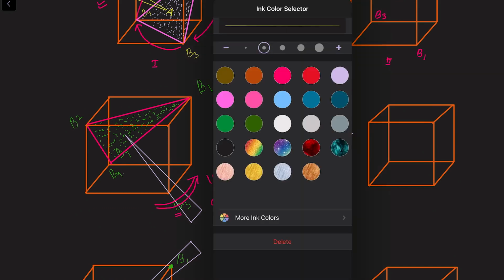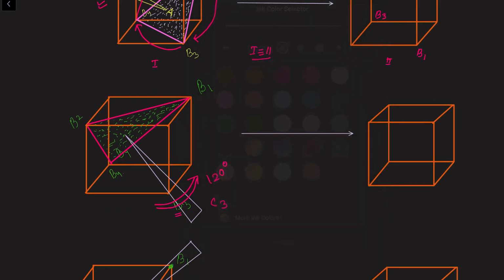How will the B1, B2 and B4 atoms change their positions? Again B3 will not change its position because it is a part of this proper axis of rotation.